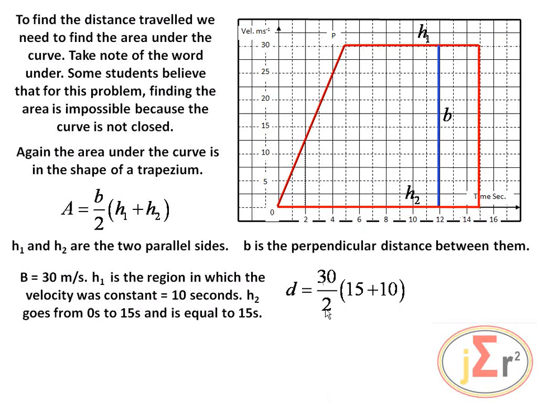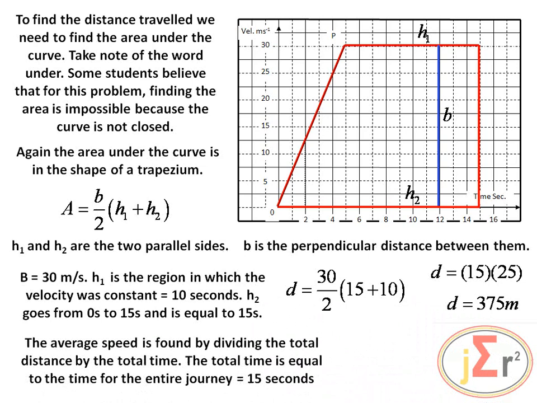So, substituting into the formula, we have 30 divided by 2, 15 plus 10, and when we simplify that, we get 15 multiplied by 25, and that gives us a distance of 375 meters.